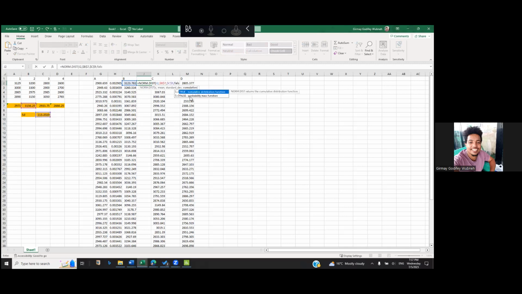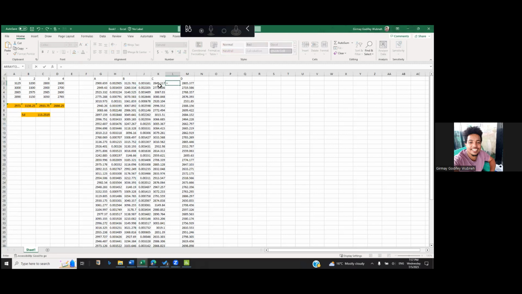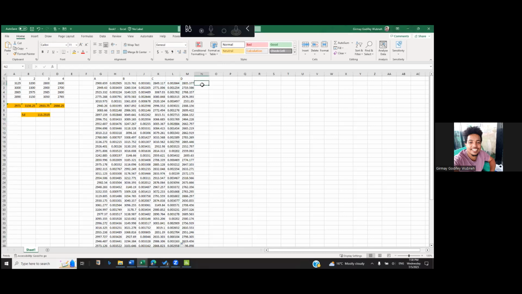Similarly for mixing design 2, equals norm dist, this one is x, comma, mean, comma, standard deviation, comma false.